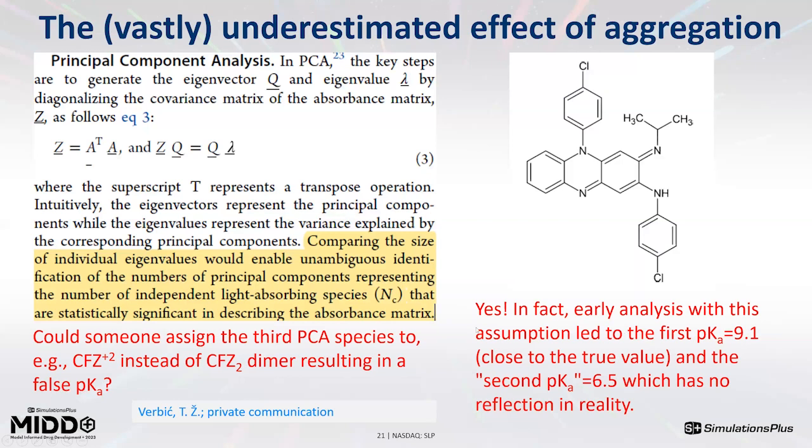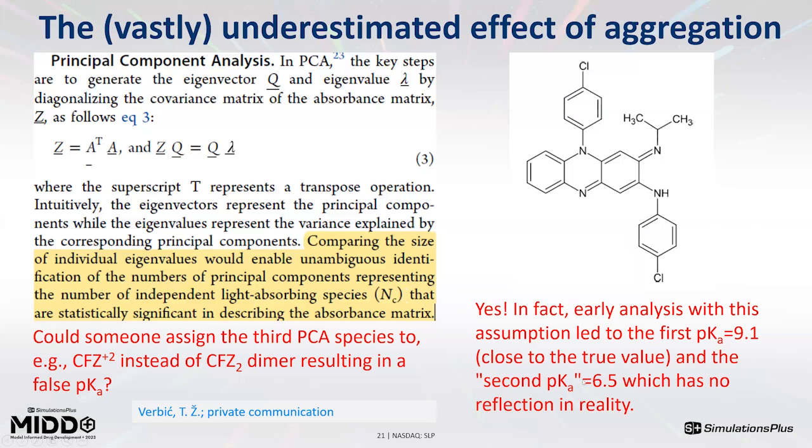And Professor Verbich actually communicated to me that in her first analysis, she committed that mistake, which led to a first pK of 9.1, which was actually very close to one of the previously reported values, close to the true value as well.